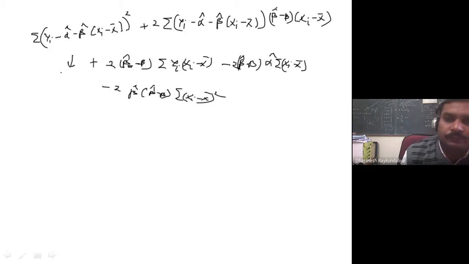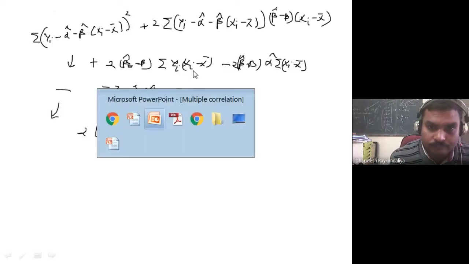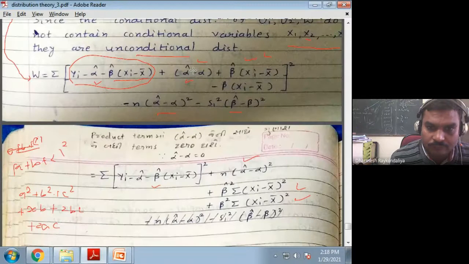Okay, so this term is as it is. Now this is nothing but the y of beta cap minus beta. It is nothing but the correlation. So we know that this form, will you write?